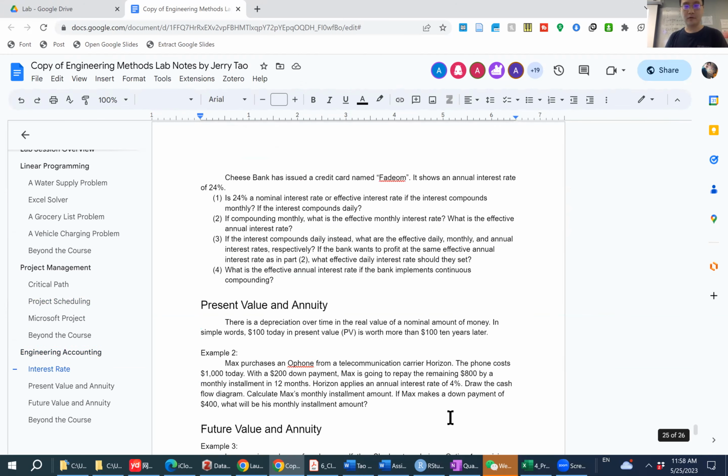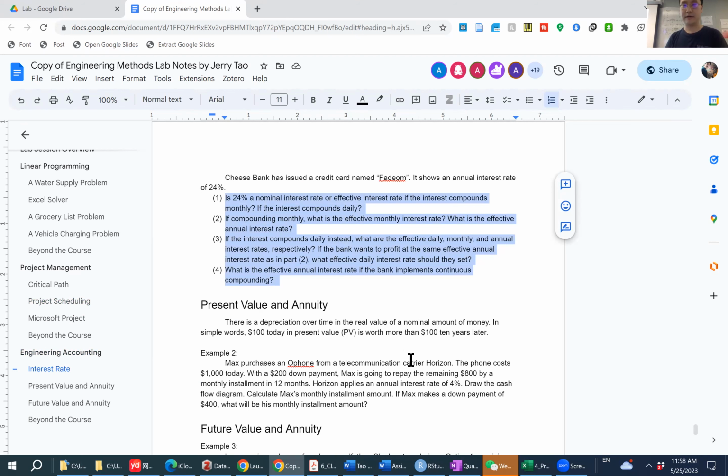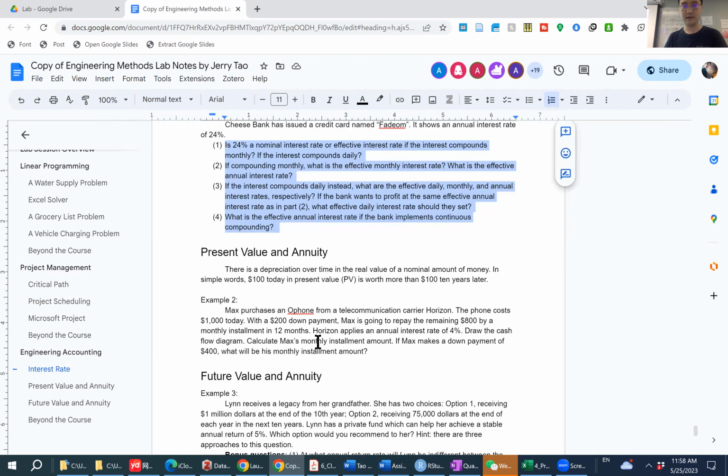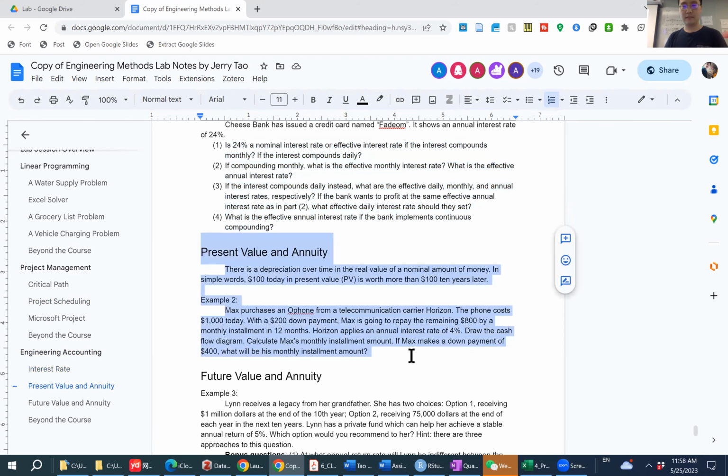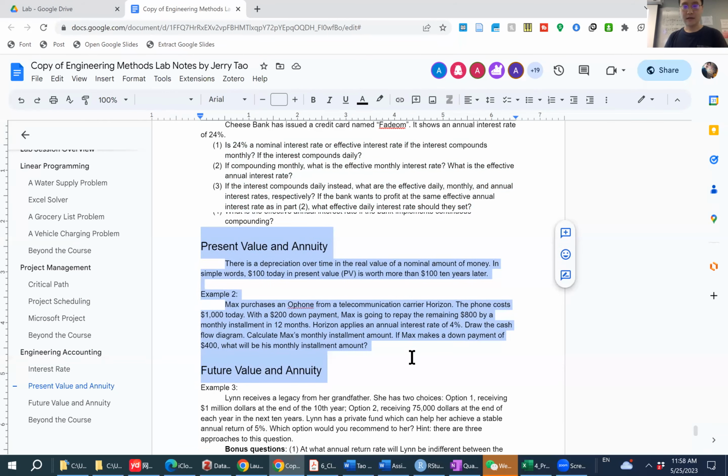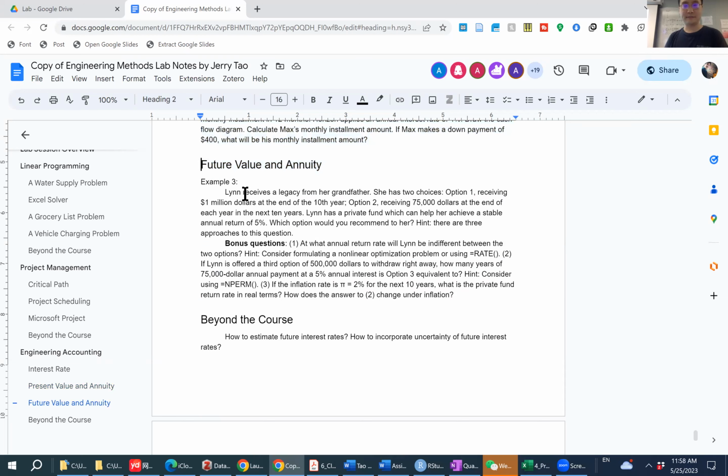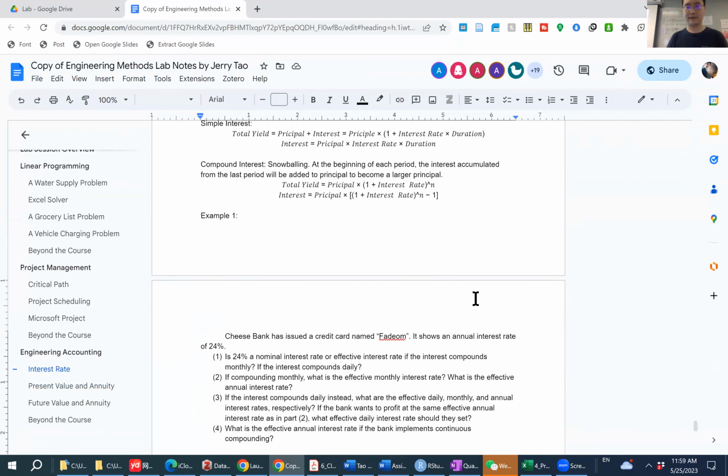In example 1, there are 4 problems where you need to calculate some effective rates of interest. Then there's another problem on present value and annuity, and another set of problems on future value and annuity. So please start working in groups of 2 from example 1, and let me know if you have any questions.